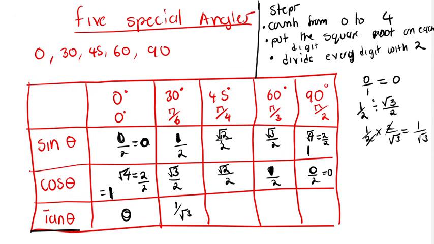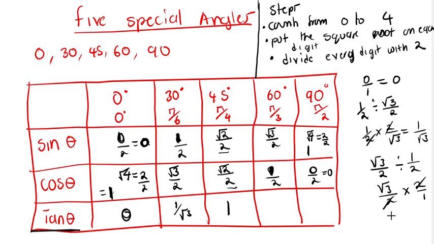Now if you see this part divided by this part, the answer there will be what? 1, because the upper part and the lower part are the same. But when you look at that part, root of 3 over 2 divided by 1 over 2, you have root of 3 over 2 times 2 over 1.